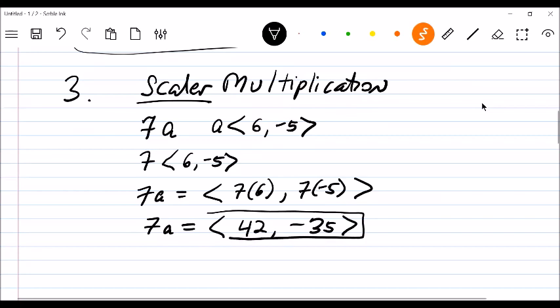And there we have 7 times the vector a. And that's all it is, just multiply it. If it had been a -7, we would have had -42 and +35, just changing the signs. If it was 1/2, well, 1/2 times 6 is 3, and 1/2 times -5 would be -2.5, or -5/2. So you can work with it in different ways.